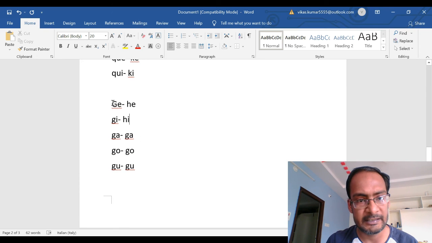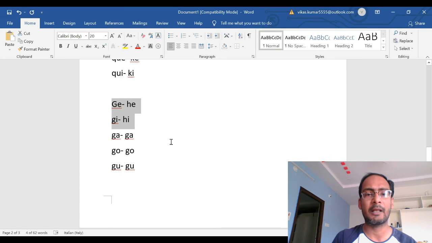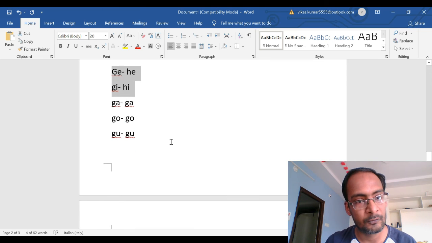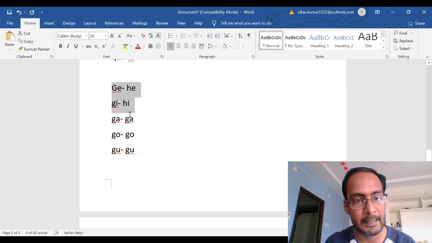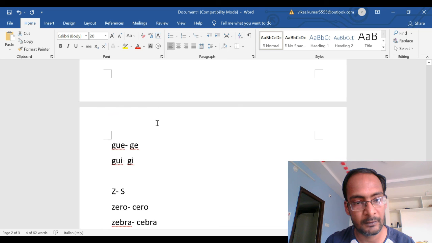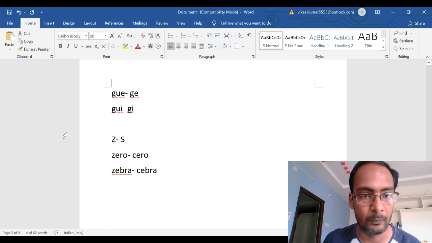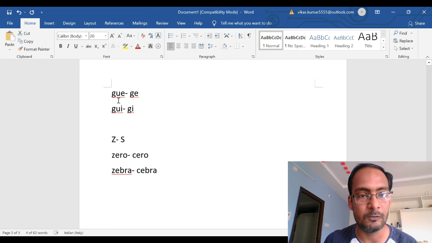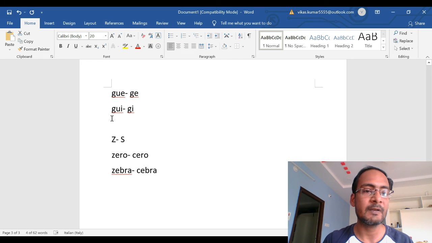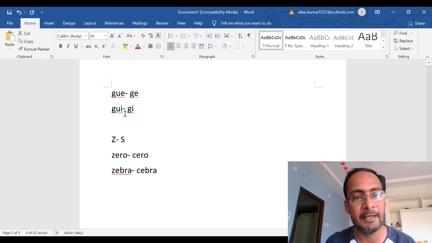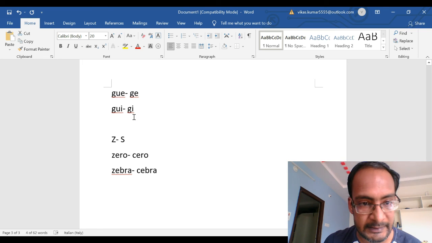But when you use E or I, it becomes the he or hi sound. So how do we produce the ge and gi sounds? For that, it is similar to the ki sound. We use GUE, and it becomes ge. Similarly, GUI becomes gi.